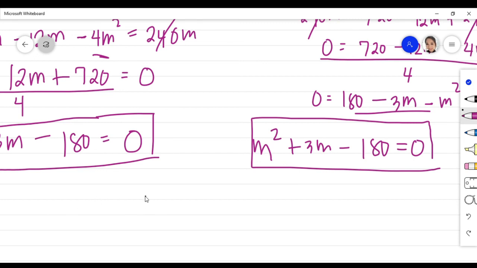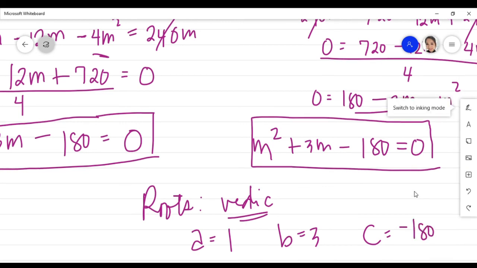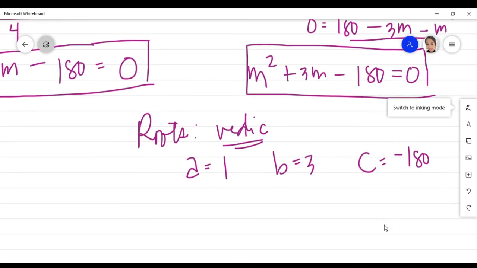So what are the roots? Okay, this one is factorable, so we can apply the Vedic method for finding the roots. Our A is 1, our B is 3, and our C is negative 180. What would be the next step?